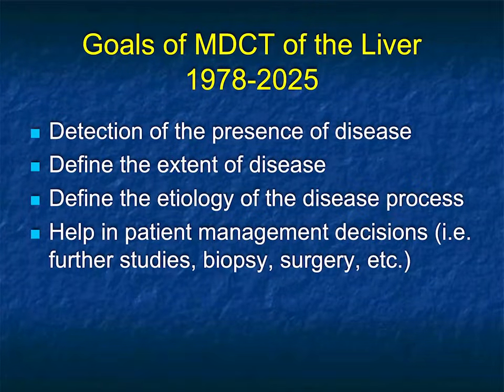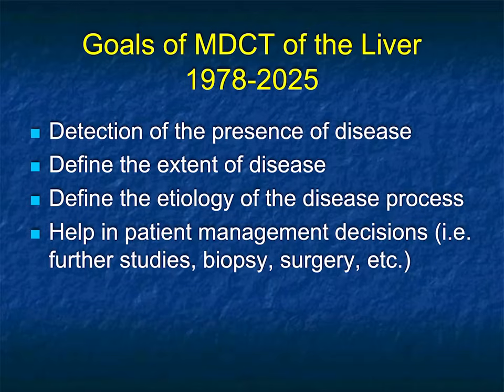So let's get started. When we think about the liver in general, in not quite 50 years, the goals of CT of the liver have not really changed when you look at the basics. Detection of the presence of disease, defining the extent of disease, determining what the etiology is: is it tumor, is it infectious, is it acquired, and to help in patient management decisions.